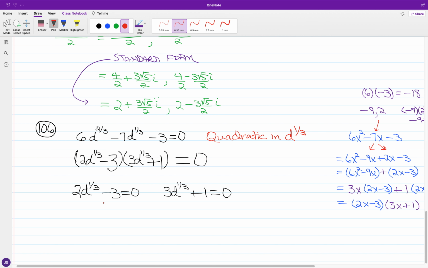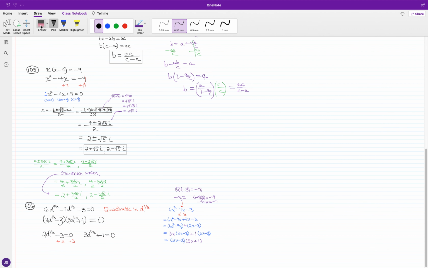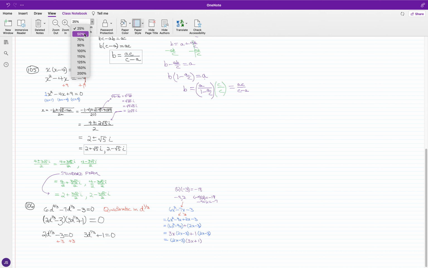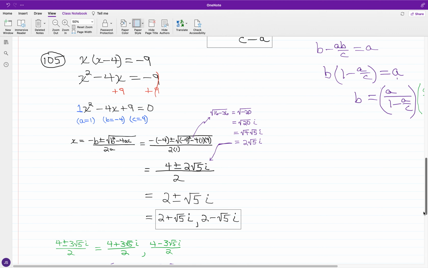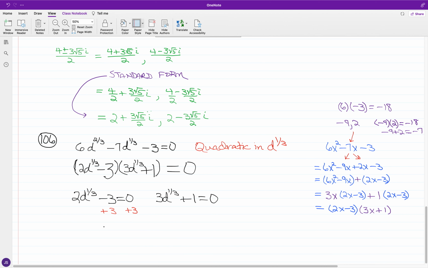Looking at isolating 2d to the 1/3, if I add 3 to both sides, I'm going to have 2d to the 1/3 is equal to 3.